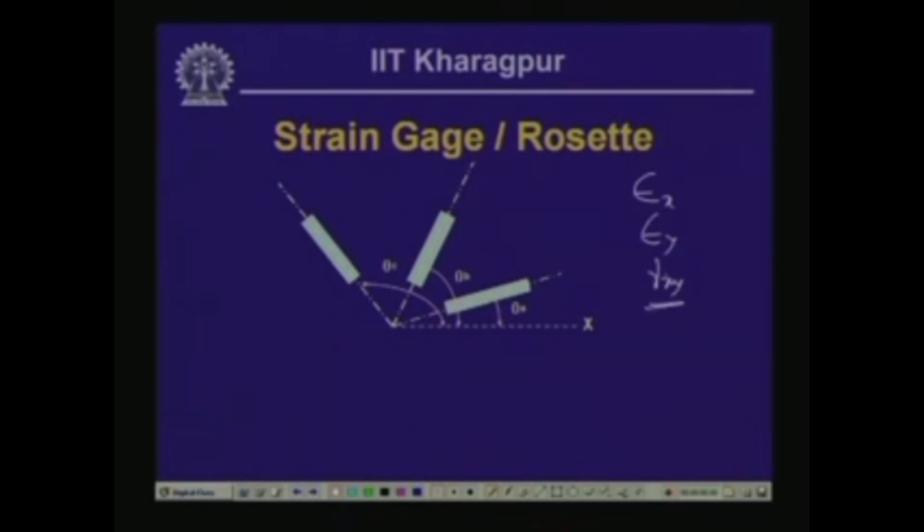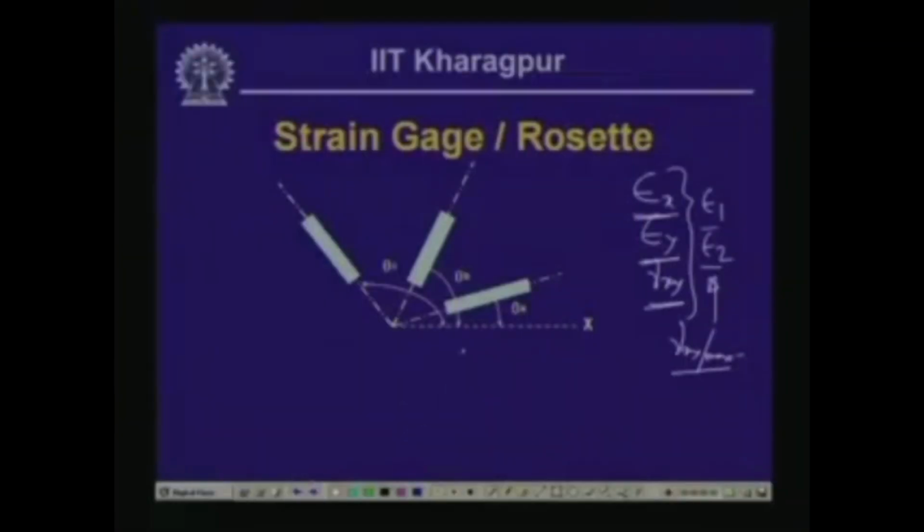If we have these quantities, then we can compute the principal strains epsilon 1, epsilon 2, their directions, and the maximum shearing strain, gamma xy max. Once we have the values of the principal strains, we can compute the principal stresses as well, since stresses and strains are related. So, we can evaluate the stress at that particular point.